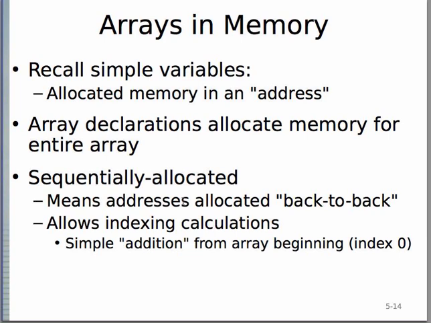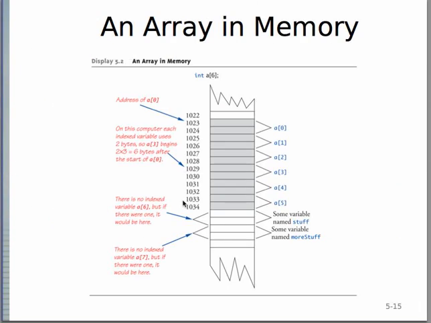In C++, we can use that fact to make things more efficient. So if we were able to look into memory, and let's say, in this example from the book, each memory location is 2 bytes, I guess.